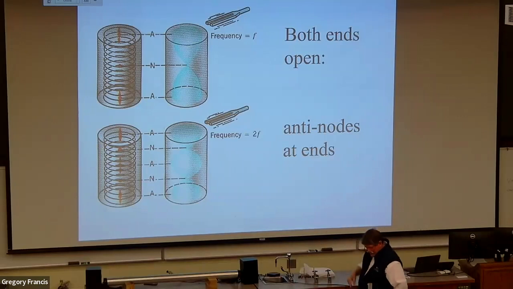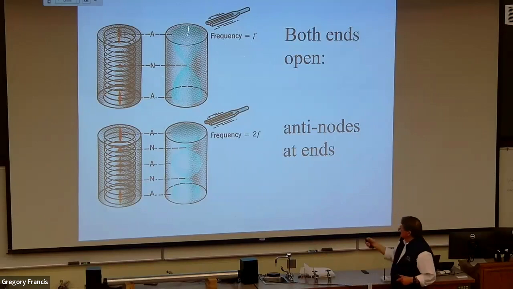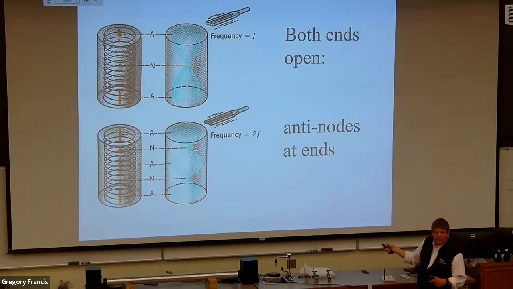And I had an antinode at the top of the tube and an antinode at the bottom of the tube. I wasn't exciting it with a tuning fork. I was exciting it with the white noise of the flame. But I could have excited that with a tuning fork if I knew just what frequency of tuning fork to use. And then if I got twice that frequency tuning fork, I could also get a resonance, a booming sound with 2 footballs in it.